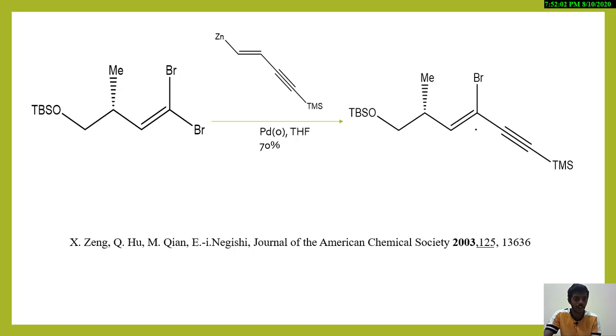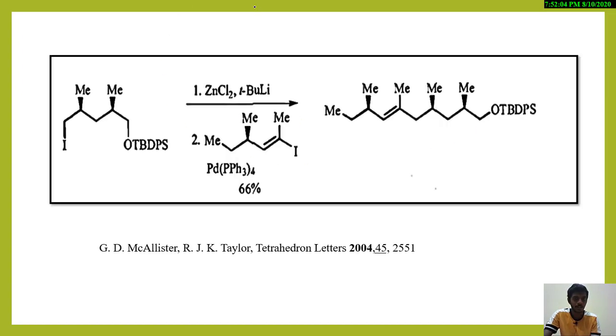Now we see this starting material. Here in the presence of iodine, this iodine will eliminate with the bond. After that, it will couple here, and this iodine will be eliminated, and this product will be coupled here to form the coupled product.